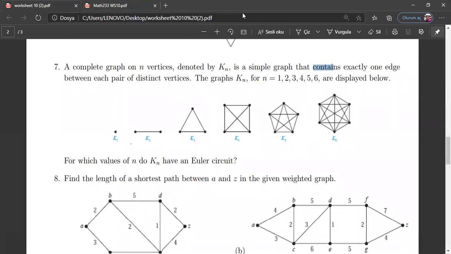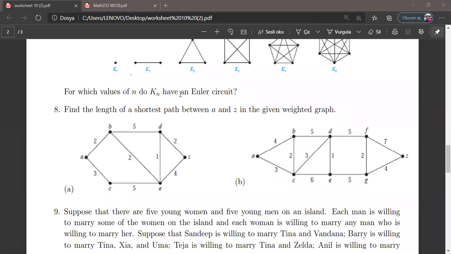Each vertex of K5 has even degree. For example, this one is 4, 4, 4, and 4. So there is no vertex of odd degree, which means there is an Euler circuit on this K5. The remaining ones are homework again.